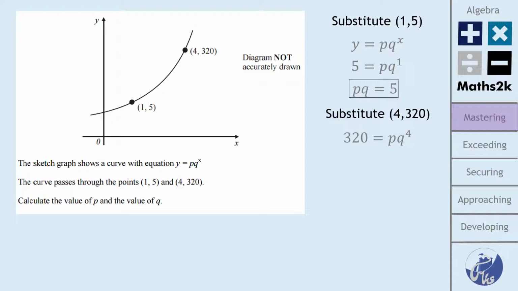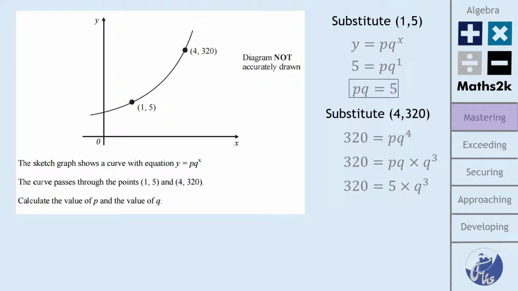Now, on the face of it, this might not look very helpful, but because we know that p times q is 5, I can split pq to the power of 4 so that it is pq times q cubed. And so what I'll be able to do here is replace that pq on the right with 5, because from the first stage of this working, I figured that pq did equal 5.